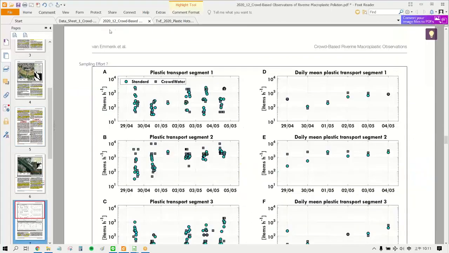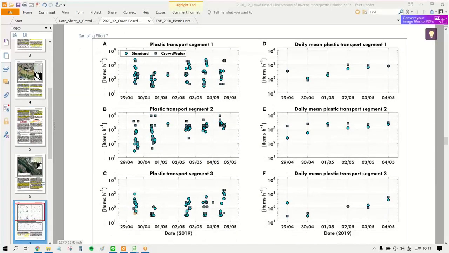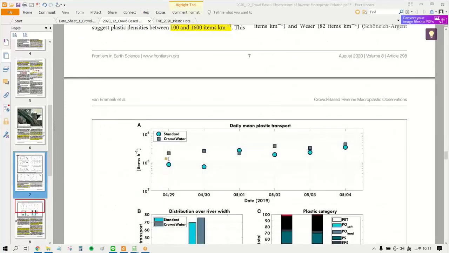So we can see it here. In these days, there are some peaks here, but it's different. Or we can see here that it's very different.